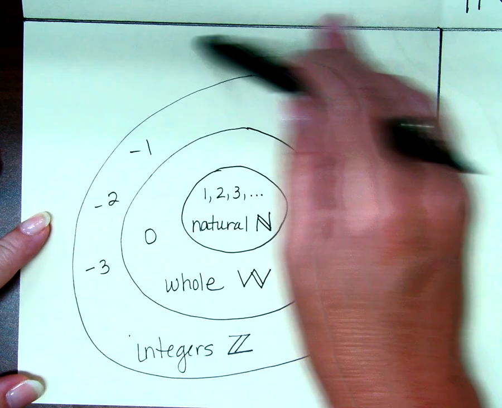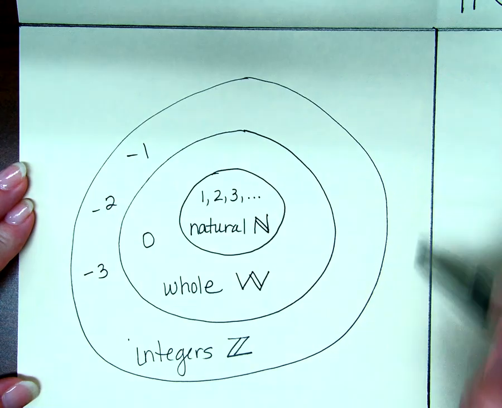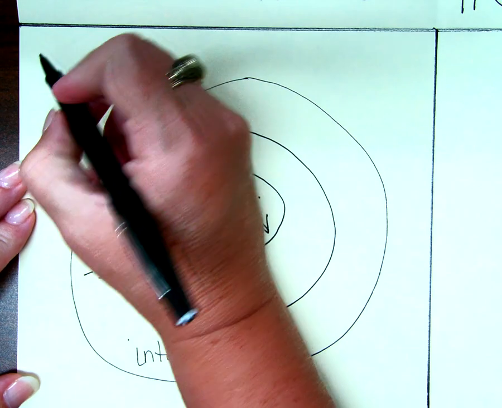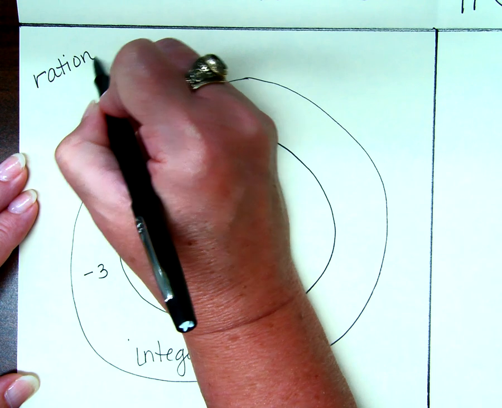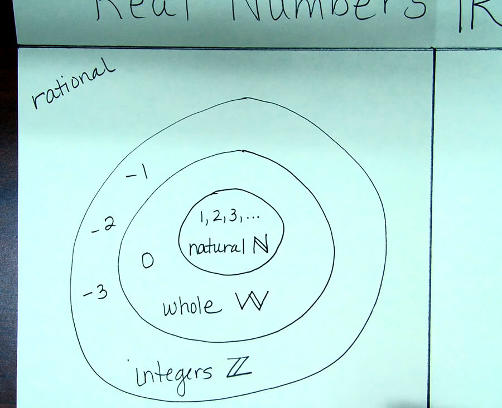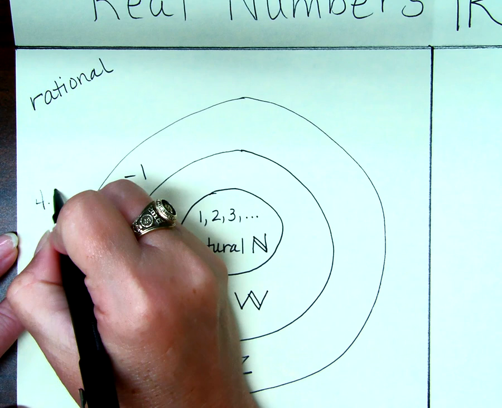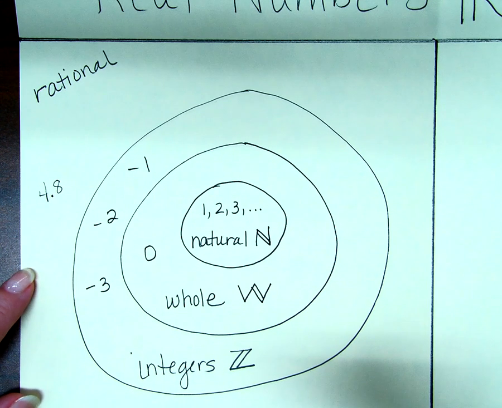Now, all the rest of the numbers that are in this section, still just in this rectangle right here, all of the rest of these that are left are called rational numbers. So what is a rational number that's not an integer or whole number or a natural number? Now, 4.8. So what kinds of numbers are included that weren't included before? Decimals and fractions.